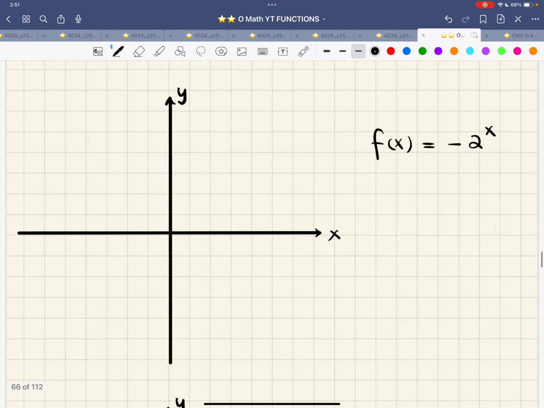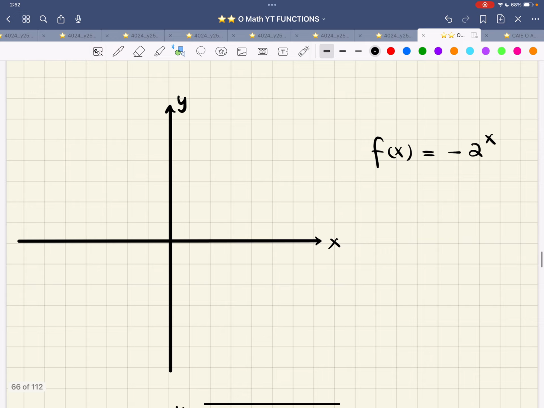Now let's draw some sketches. Let me get my marker ready and I'll just be using a single color. So first of all, 2 raised to the power of x with a negative sign. What is the function of this negative sign? This is reflection in the x-axis. That is a very basic thing that we have learned in quadratics and so on.